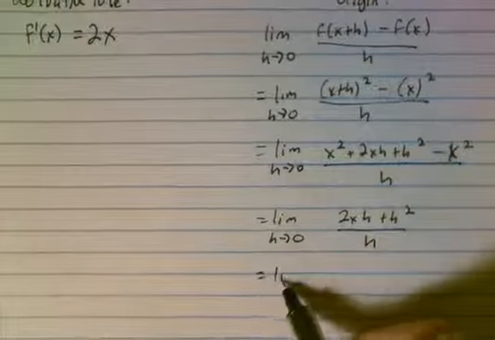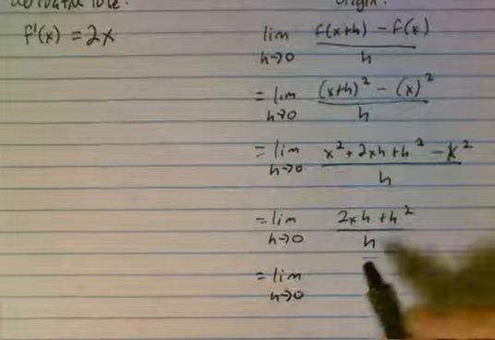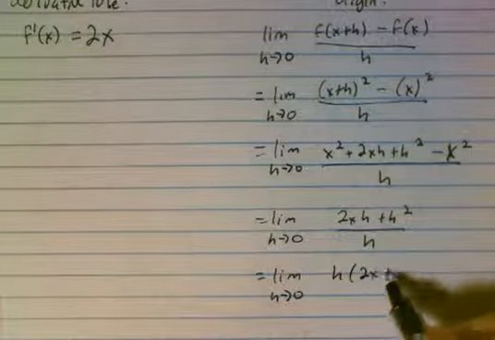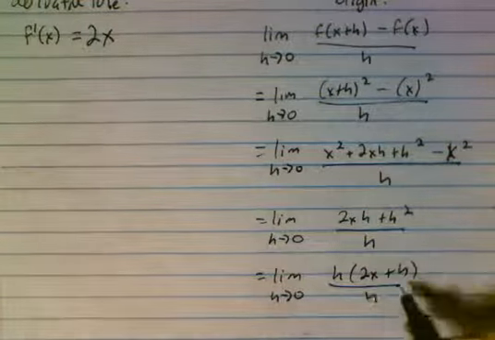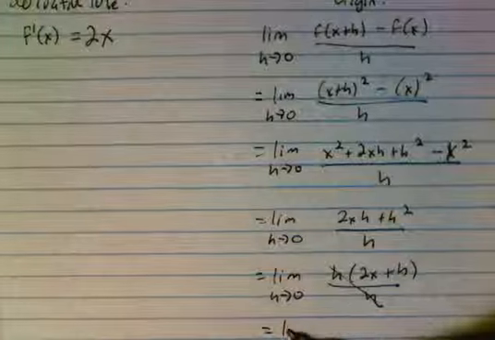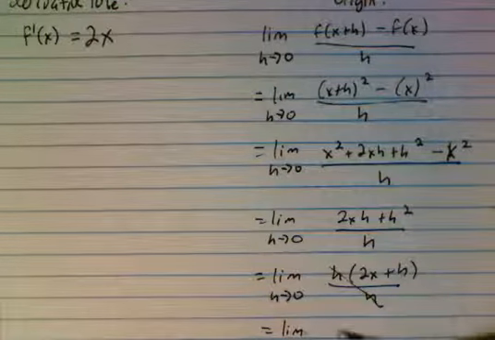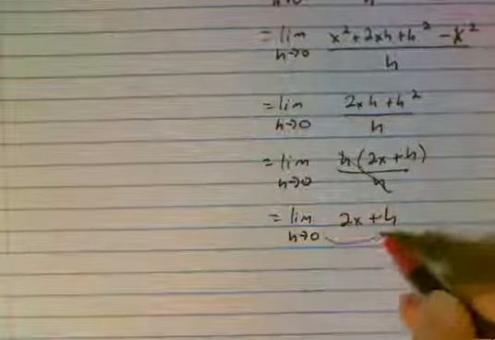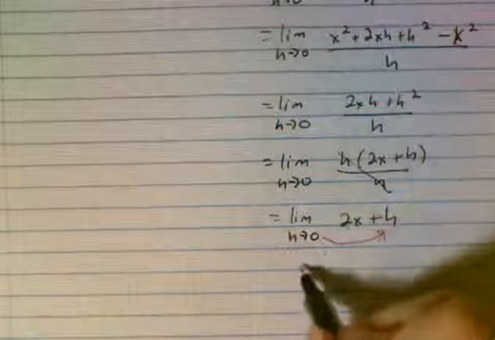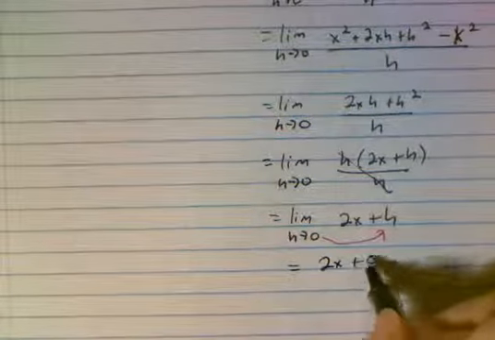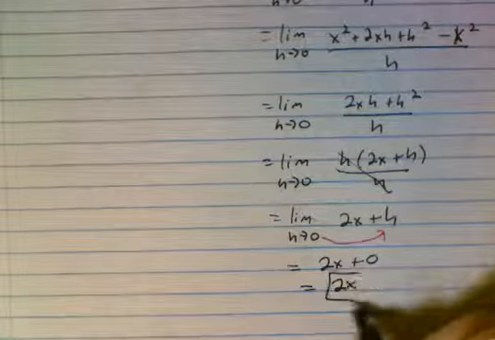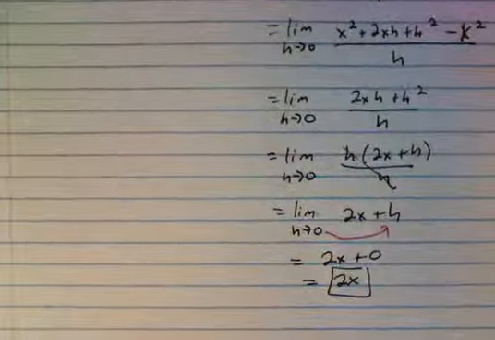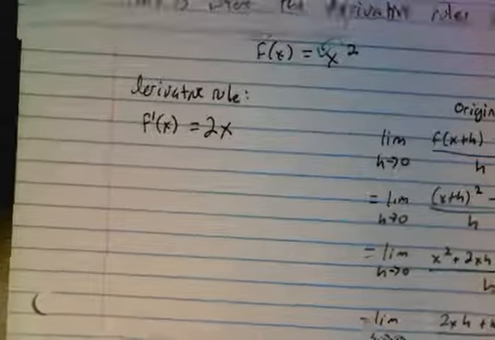Now we can factor out an h. Cancel those out. Phew! Now we don't have any division by 0. We can just stick that 0 right in. Right like that. Same thing we had up there, except it took way longer.